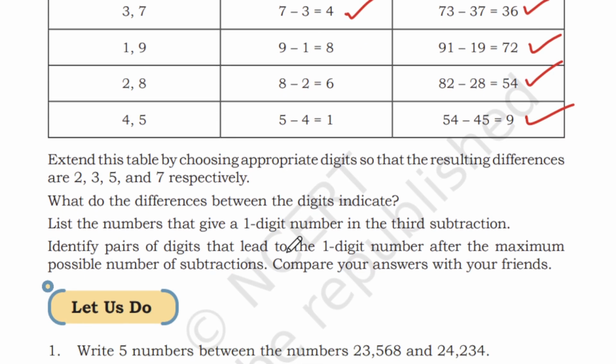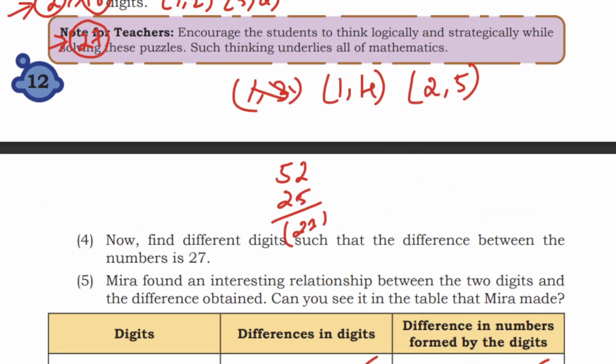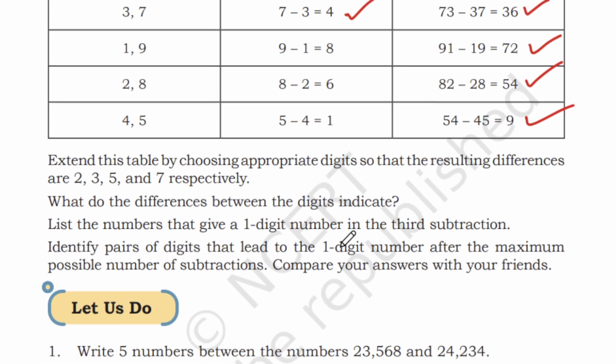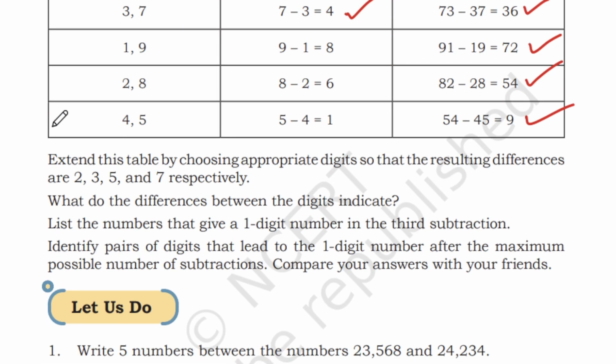Okay, so extend this table by choosing appropriate digits resulting in differences 2, 3, 5 respectively. I gave an example here for 2 digits. Likewise, you can extend this table and you can use different digits. So you can put 1, 3. 3 minus 1 equals 2.